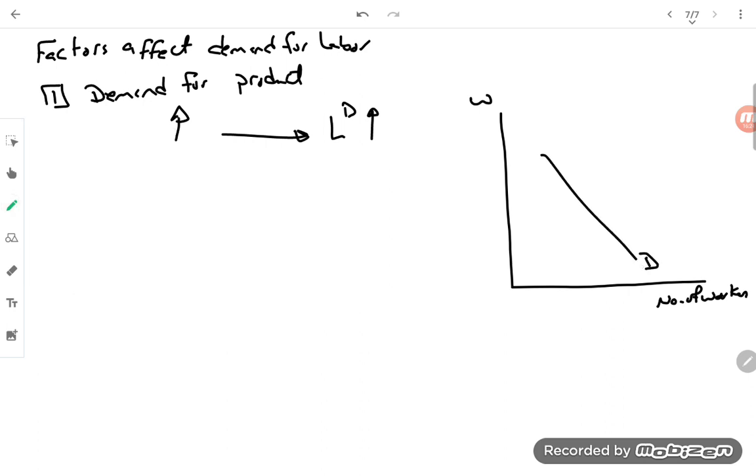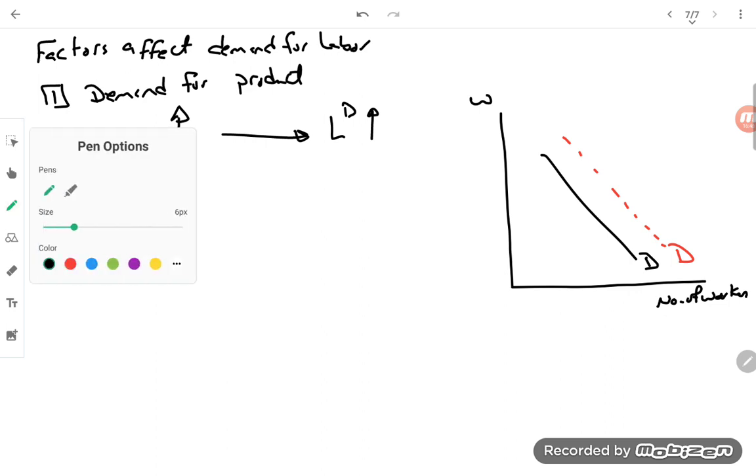So as output or the demand for the product increases, producers would like to produce more and more, so they are going to demand more labor. So demand for labor is going to shift to the right.